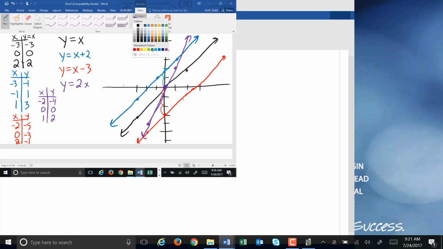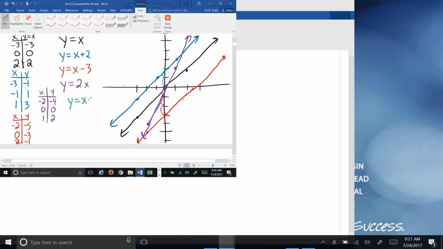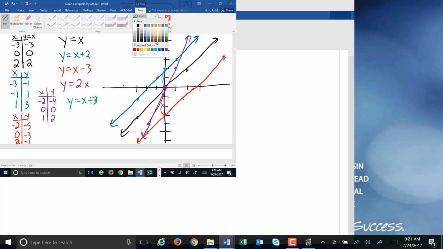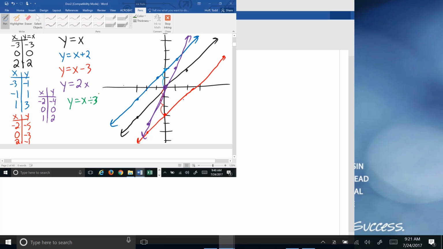So if multiplying makes it steeper, how do you think we would make it shallower? Dividing, like y equals x divided by 3. Now, because of the algebraic nature of what we're doing here, rather than writing it as x divided by 3, remember when we divided with fractions, what did we do instead of dividing? We multiplied by the reciprocal. And when we're graphing, rather than dividing by 3, it's easier to do 1/3 times x.